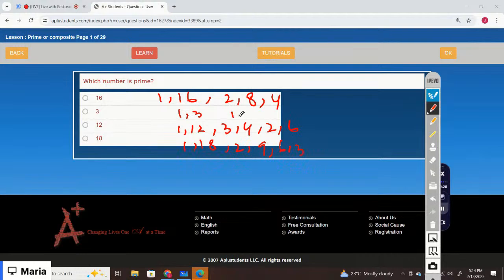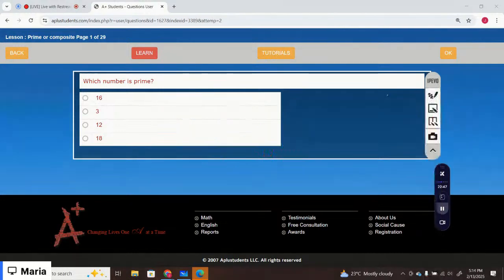That means the only number that has only two factors is 3, since 1 times 3 is 3. The correct option is option number 2, that is 3.